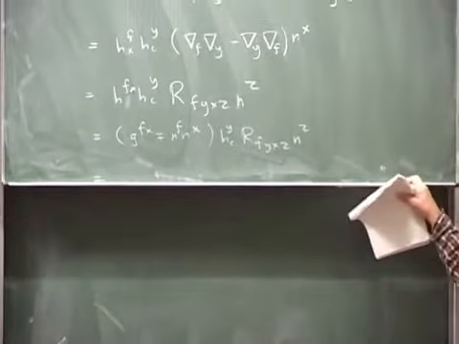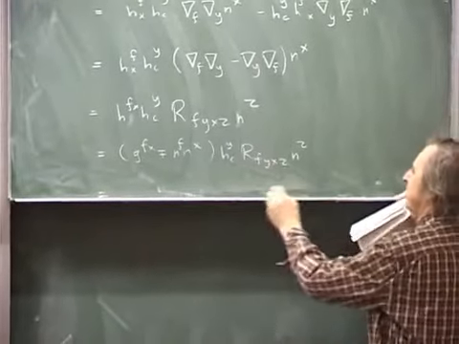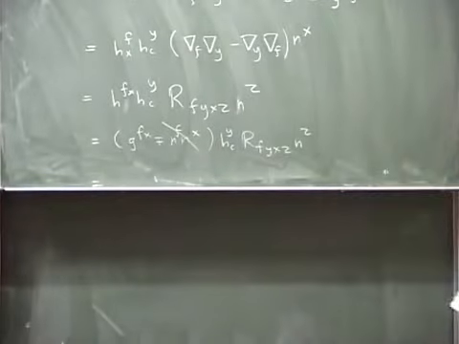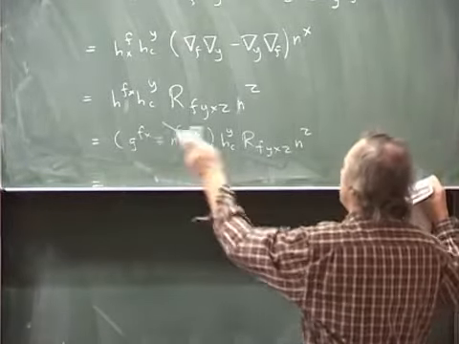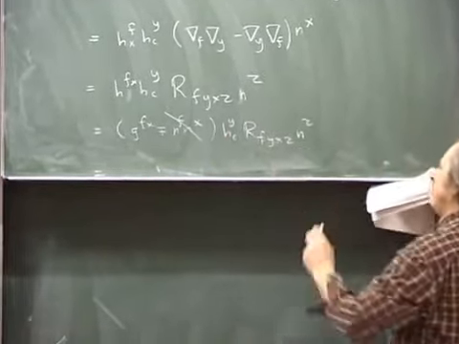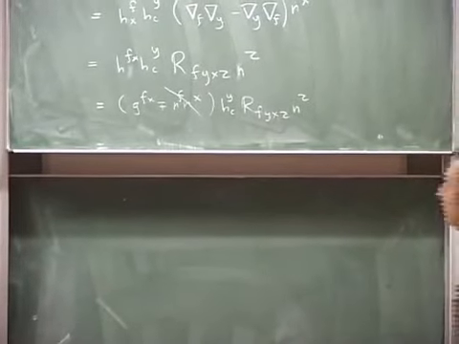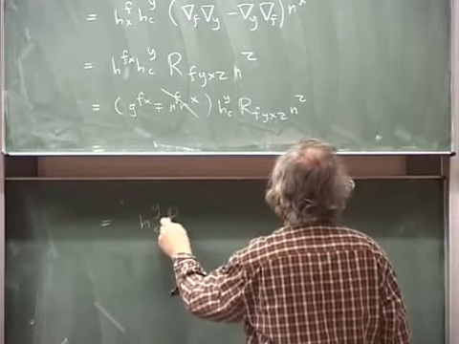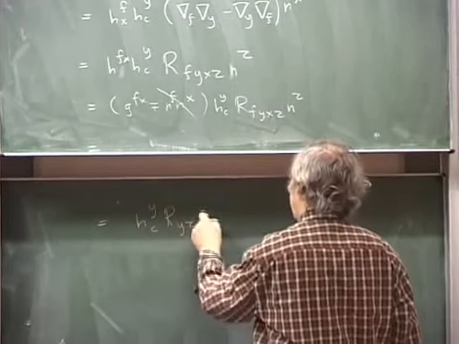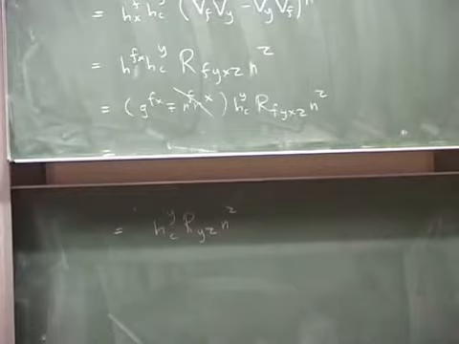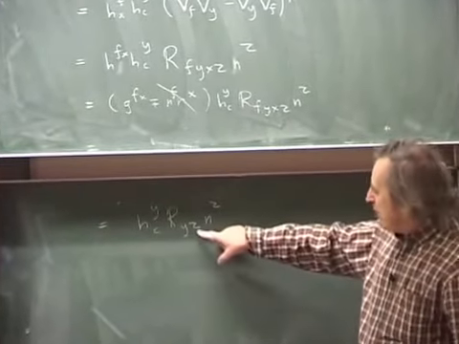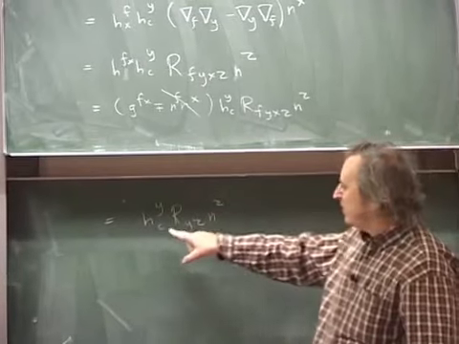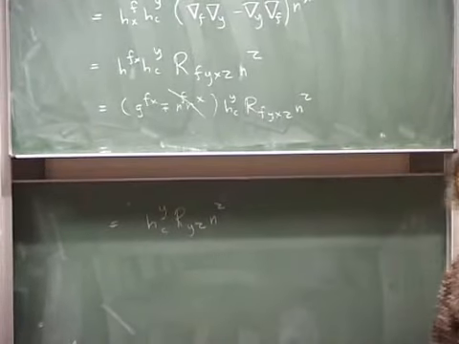The tensor is antisymmetric on its last two indices, x and z, but here we have an n_x n_z, so that term doesn't contribute. g_{fx} contracted with the fx on the Riemann tensor gives me the Ricci tensor, so this whole thing is equal to h^{C}_{Y} R_{YZ} n^{Z}. So this thing is, as promised, the projection of the Ricci tensor into one direction normal to the surface and one direction lying in the surface.